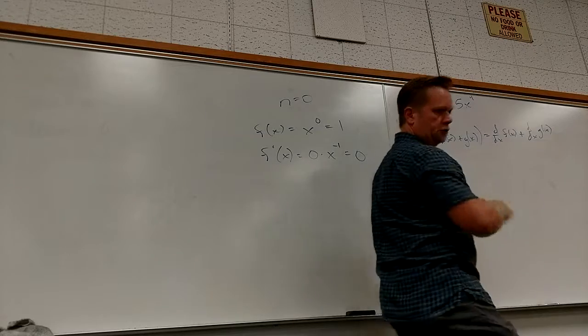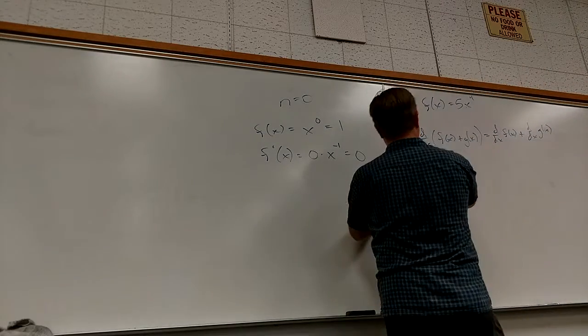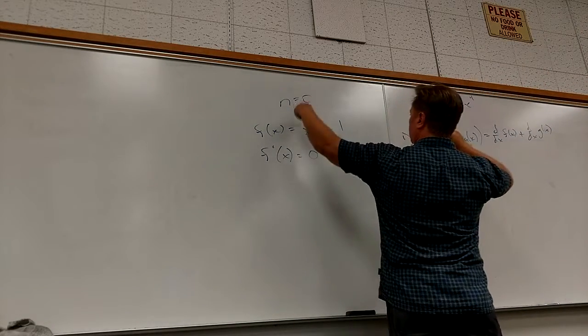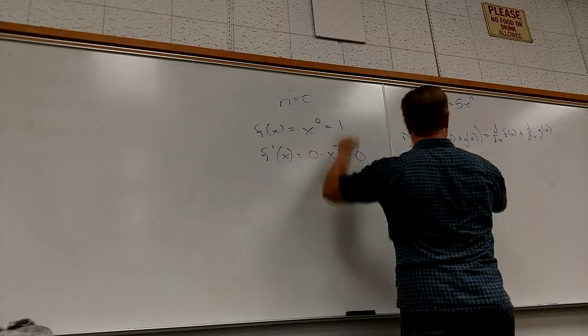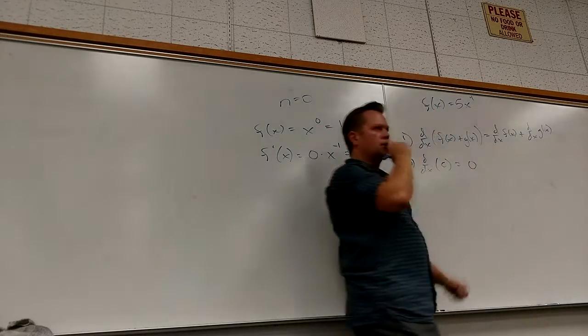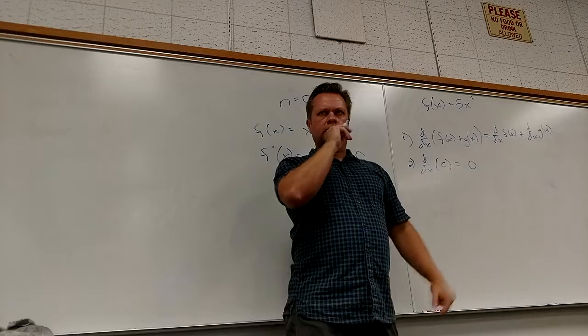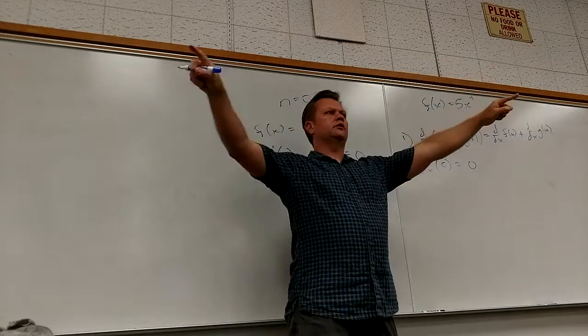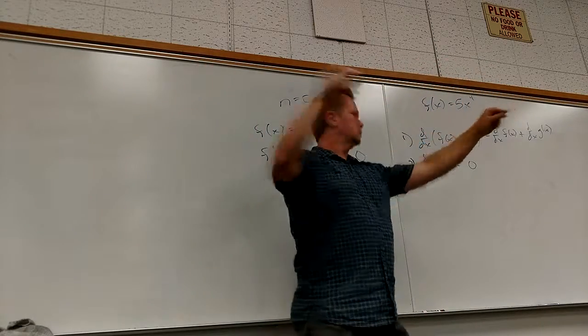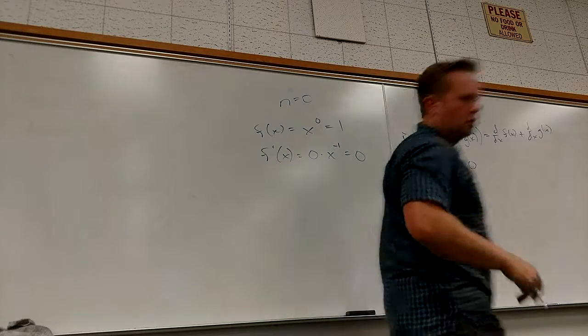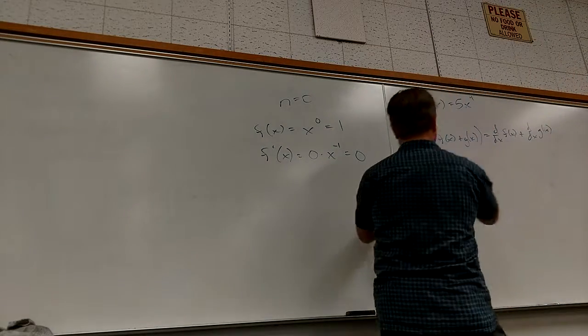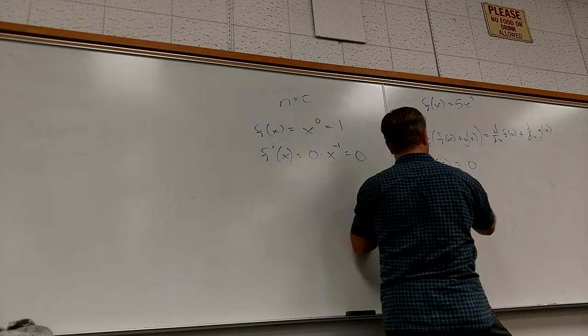The second little rule, let me do the same order. Oh, this is basically the one we just did. The derivative of any constant is 0. And again, any constant function is going to have a 0 slope, so that makes sense. And then this is the most useful one right now.